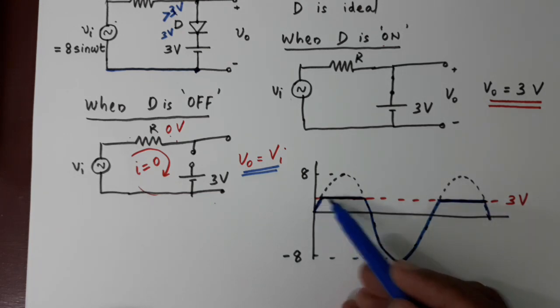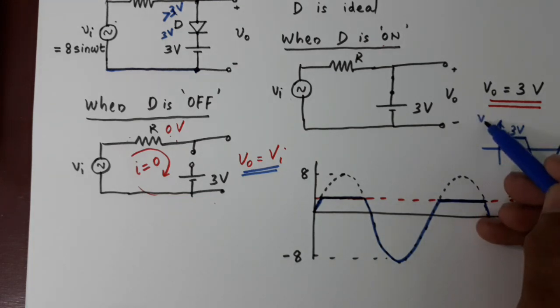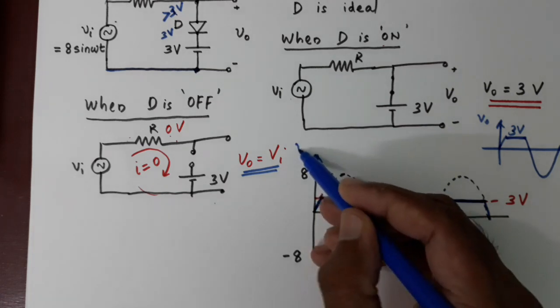So this is the output waveform. The positive half cycle is clipped at 3 volt, and you get the complete negative half cycle. Again the positive half cycle is clipped at 3 volt. This is our output waveform.